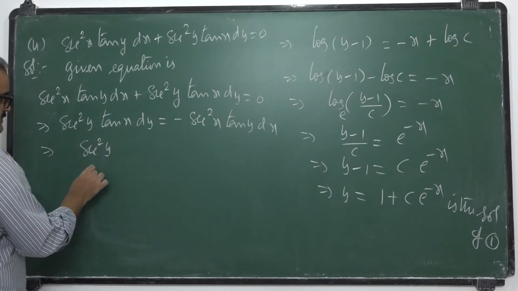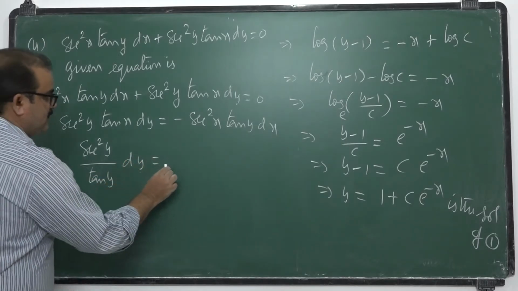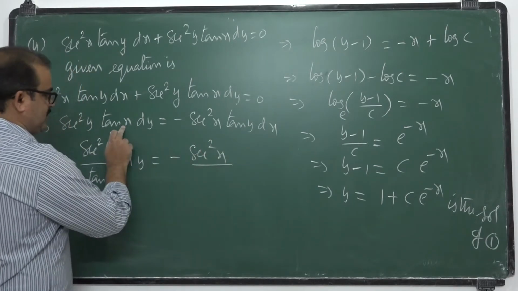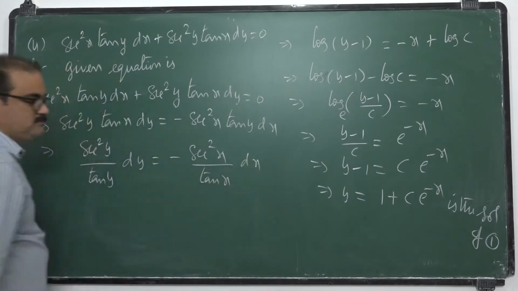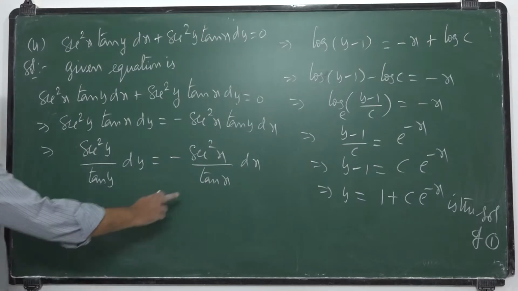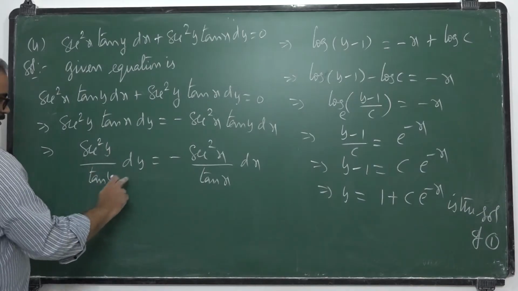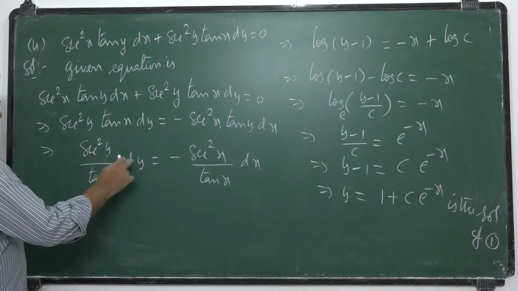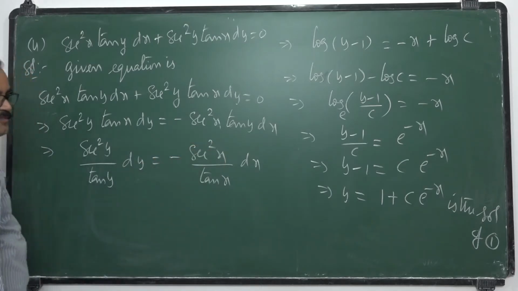We write it as secant square y by tan y into dy is equal to minus secant square x by tan x into dx, where tan x goes to RHS. Here LHS contains the variable y, RHS contains the variable x. So the variables are separated.